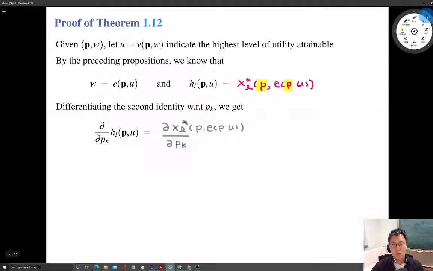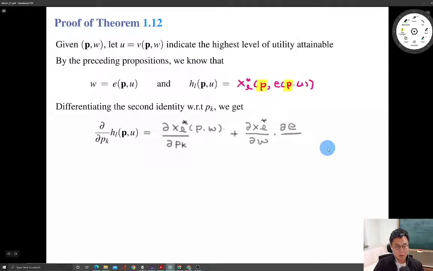Then E of P comma U is equal to W when U is the target utility, so instead of E, let me substitute W. Once again P appears in this place, so we take the derivative with respect to W, and by the chain rule we multiply by the derivative of the expenditure function with respect to p sub k.